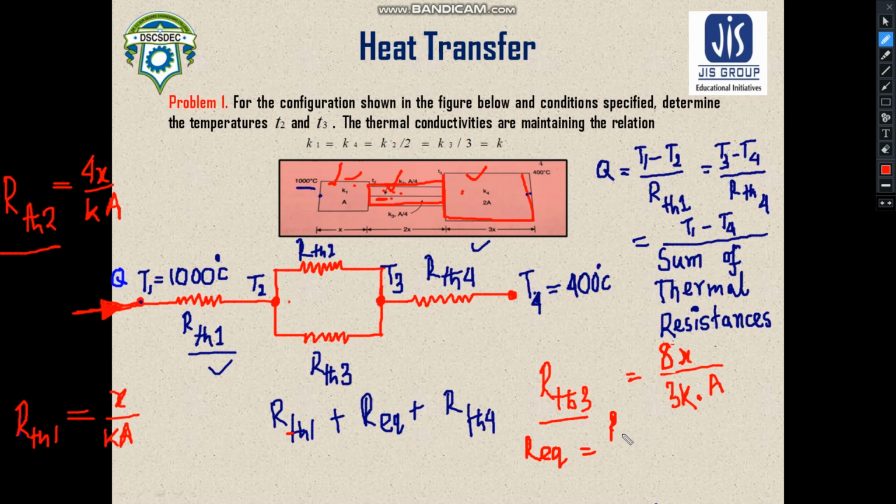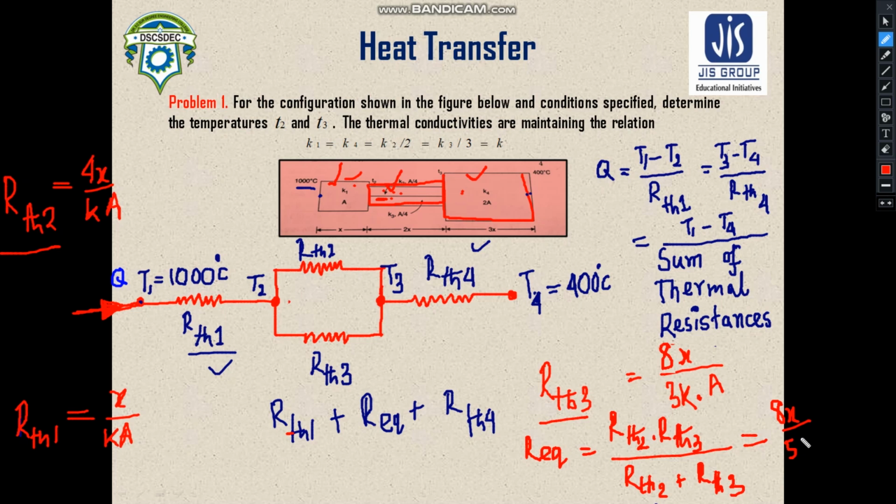So what will be the formula? RTH2 into RTH3 divided by their sum. This is simple physics. You know these things from the understanding of class 11 and class 12. Ultimately you need to calculate it by yourself, and you will get a value of 8x divided by 5Ka.